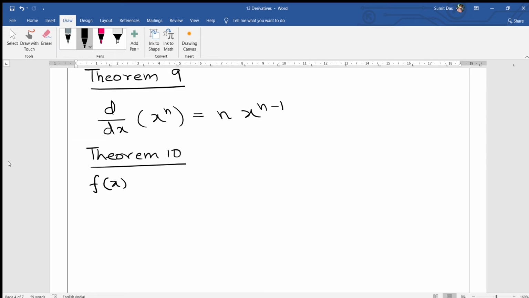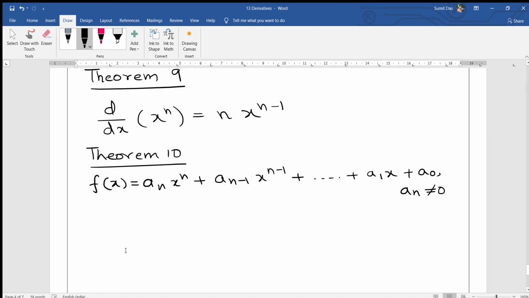Suppose one polynomial is there, f(x) equals a_n x to the power n plus a_(n-1) x to the power n minus 1, continuing to a_1 x plus a_0, given that a_n is not equal to 0.